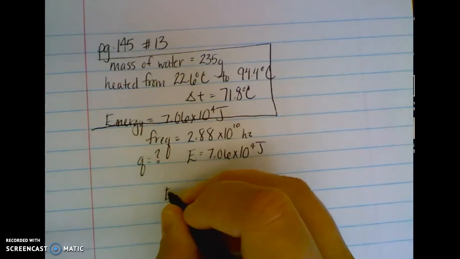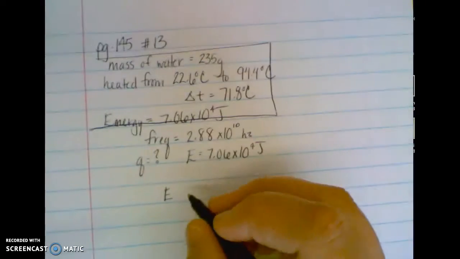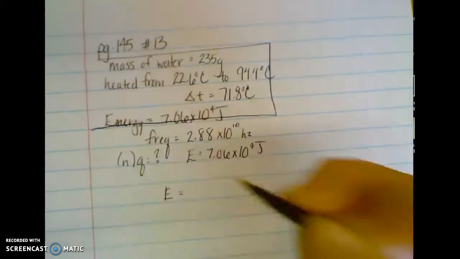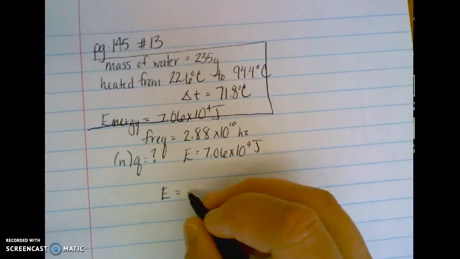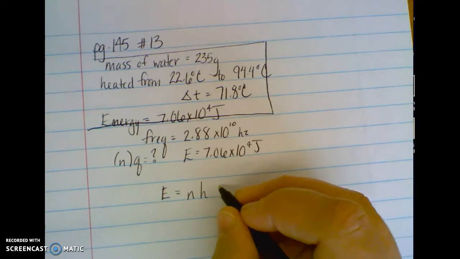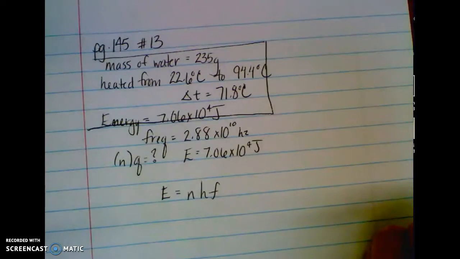Okay, so the equation that you're going to use is actually, and I'm just going to put next to the Q there for quanta, N, and you'll see why here. E = NHF is my equation.